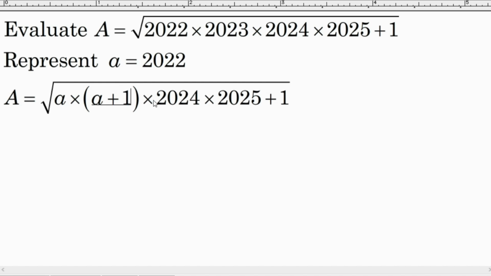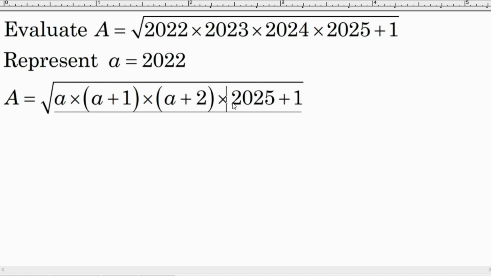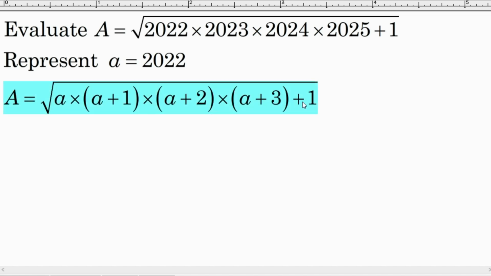And 2024 will be equal to a plus 2, and 2025 will be a plus 3. Now we have a new quantity in terms of a.